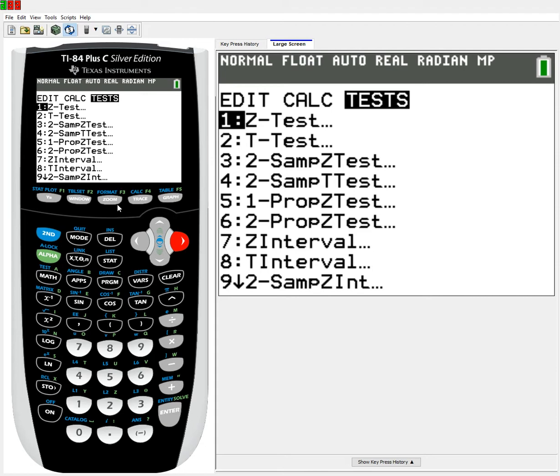Later on, you can also do a similar process if you're comparing something like two proportions against each other or two samples against each other to see how the values interact or how different they are from each other. But here we're just talking about one proportion or one mean.